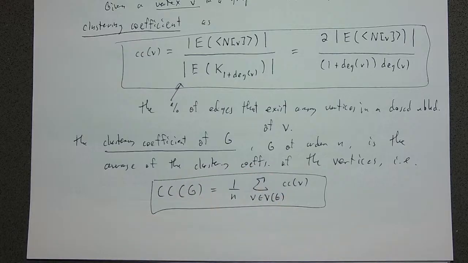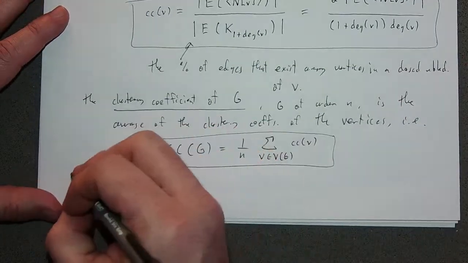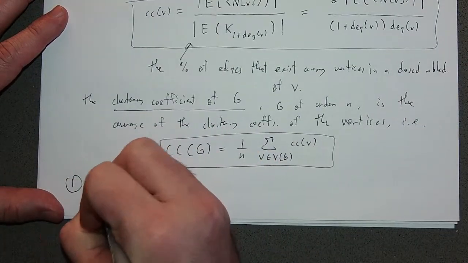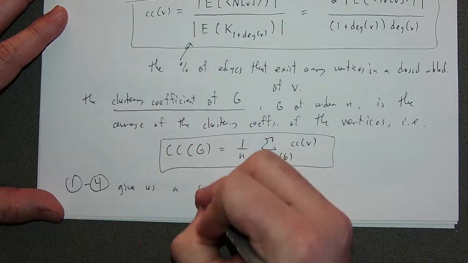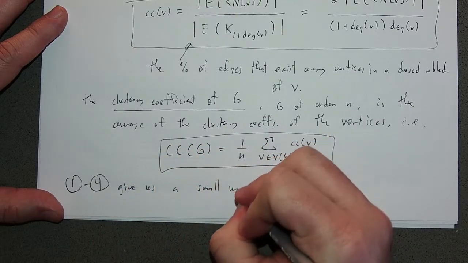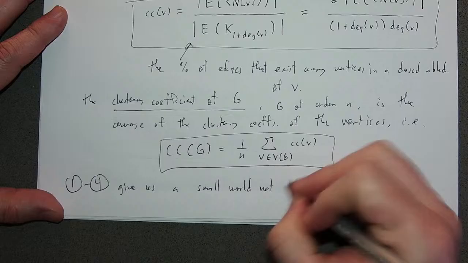So, why might you be interested in a small world network, right? Something that satisfies all of these would be called, so 1 through 4 give us a small world network.